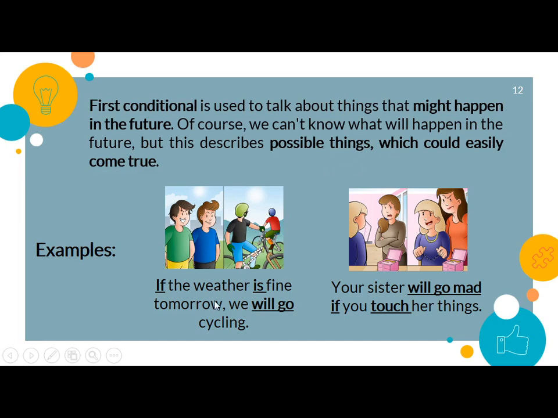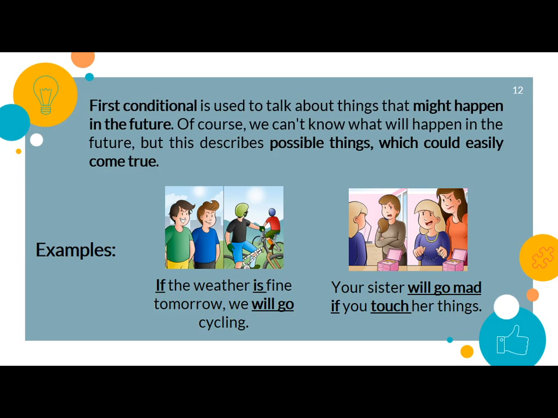What are some examples? Let's take a look right here. If the weather is fine tomorrow, we will go cycling. That is something that you are expecting. So if the condition is right, if the weather is fine tomorrow, you're talking about something that might happen. If the weather is fine tomorrow, we will go cycling.